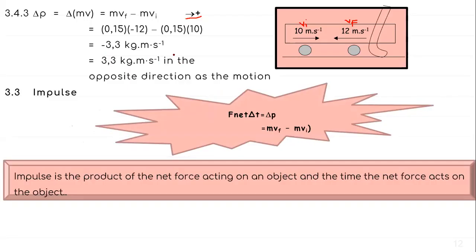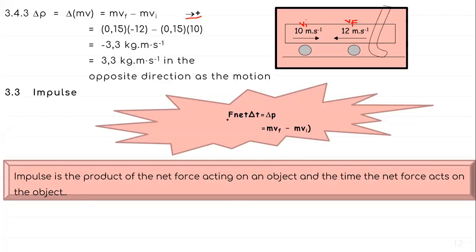Right. Now, I want us to move to a concept that we refer to as impulse. According to the examination guideline, we define impulse as the product of the net force acting on an object and the time the net force acts on the object.